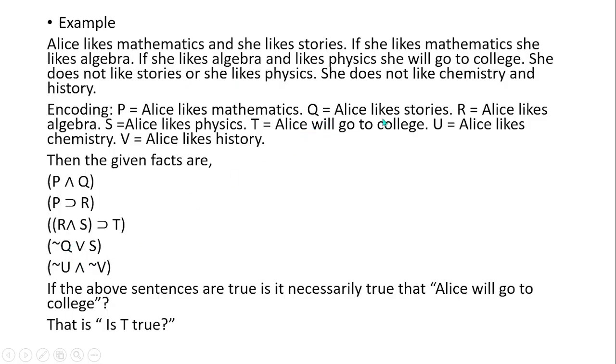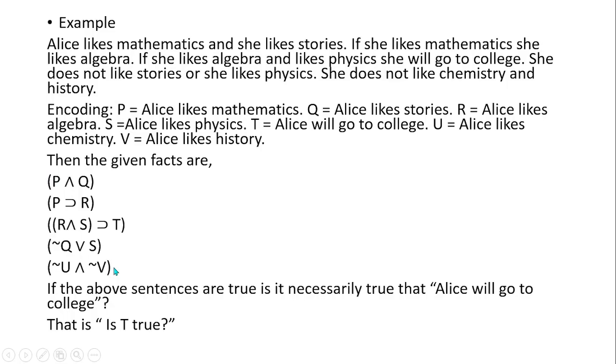Doesn't like stories, not Q, or she likes physics, S. She doesn't like chemistry and history. Doesn't like chemistry means not U, and history not V. So these are the given facts.